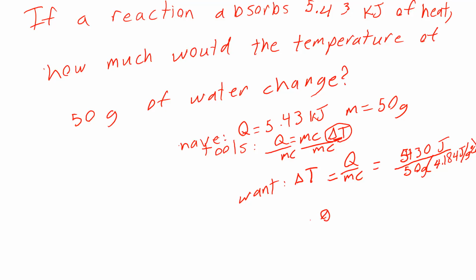Joules will cancel, grams will cancel, and we'll be left just with degrees Celsius, which is nice because that's what we want. And so what do we have for our temperature?